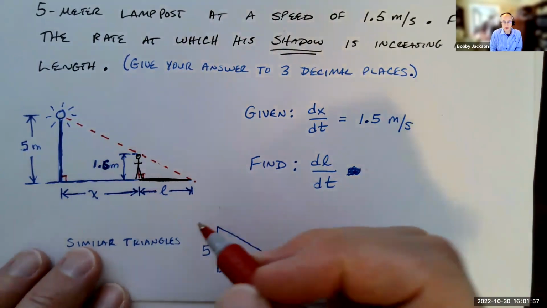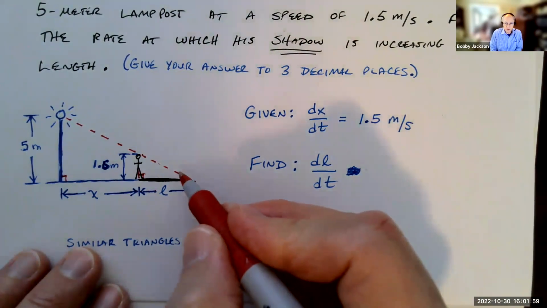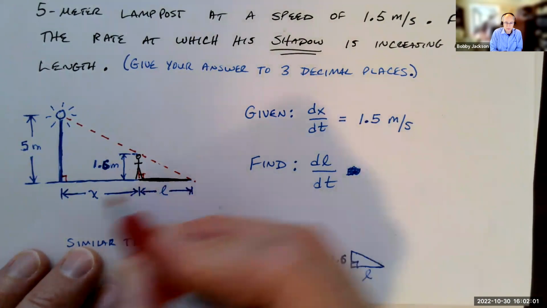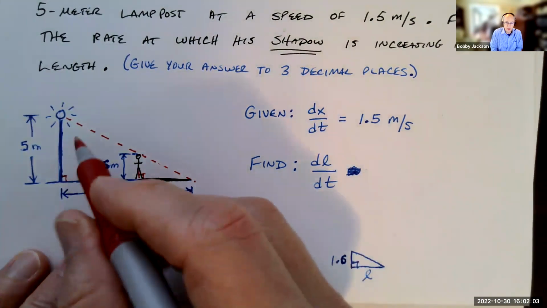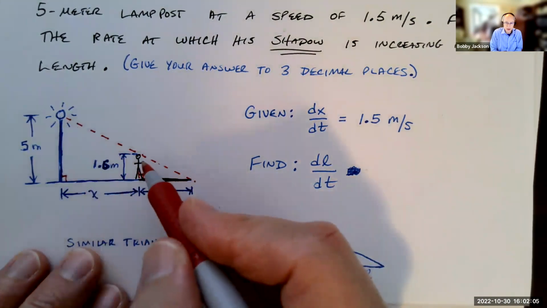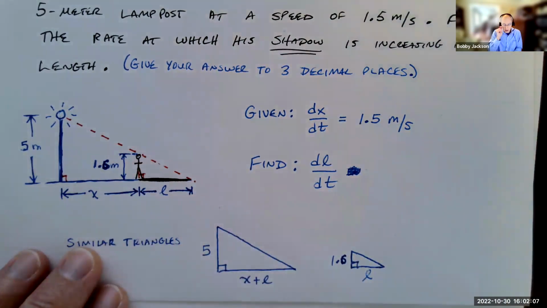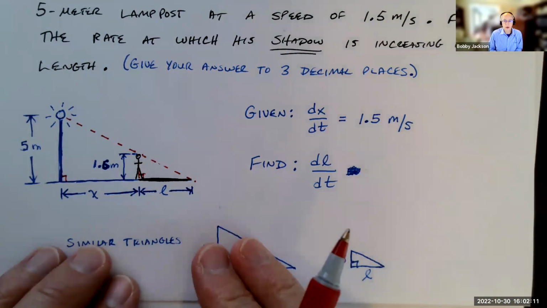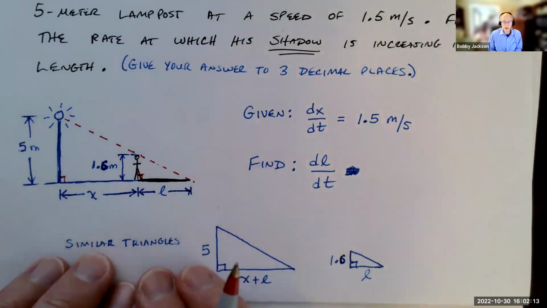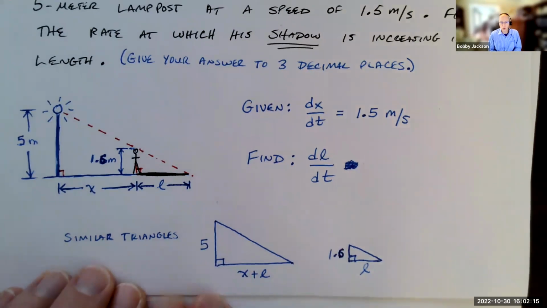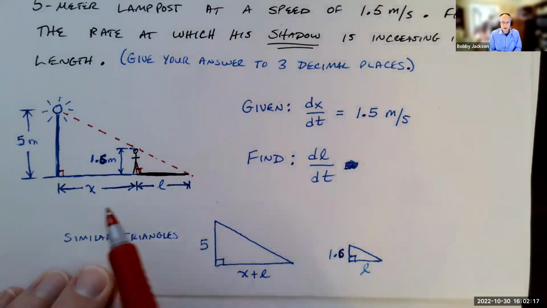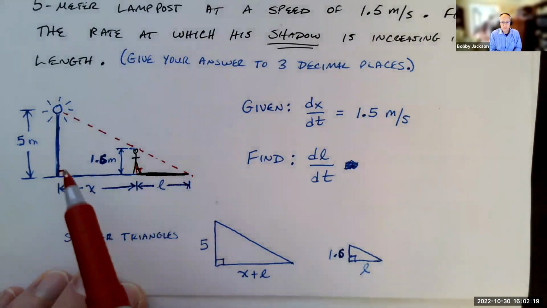What do we mean by similar? They have the same angles. Obviously, they both share this angle over here. They both have a 90-degree angle, and therefore this angle here and this angle here are the same. So they have the same angles, but obviously their side lengths are not the same. But remember, in similar triangles, side lengths are in proportion to one another. So I've drawn the big triangle right here.